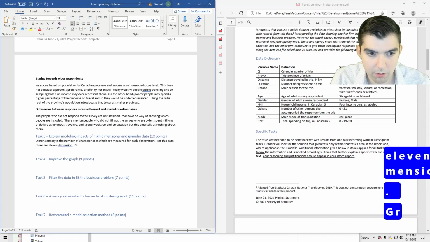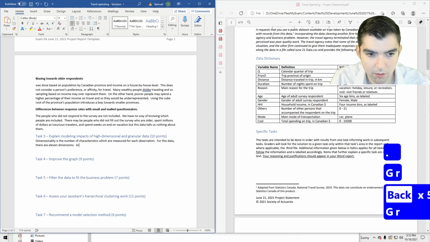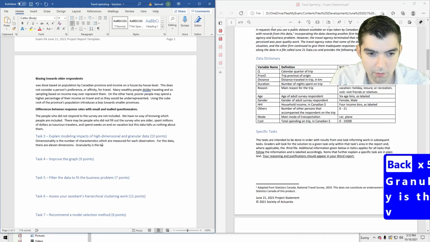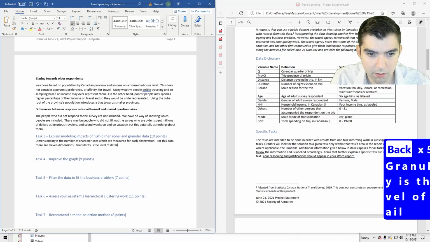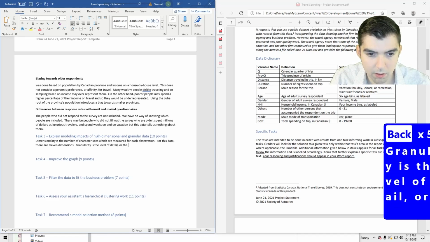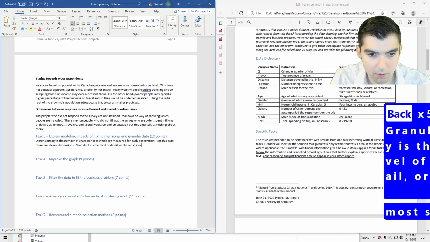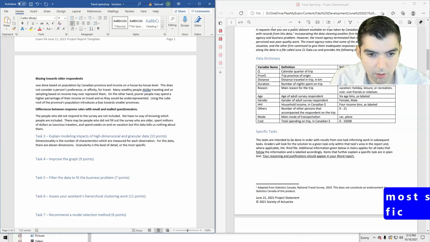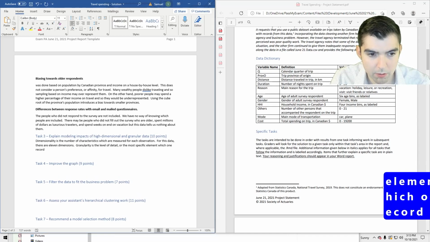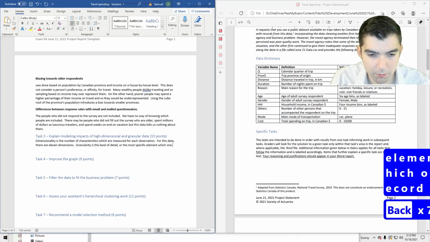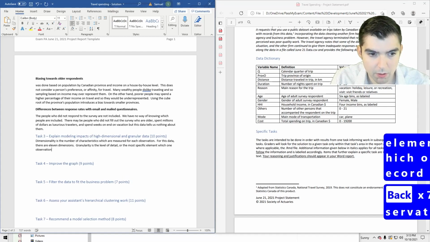Granularity is the level of detail, or the most specific element which one observation describes.